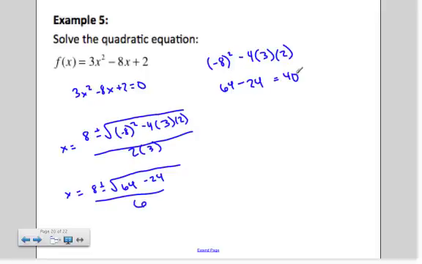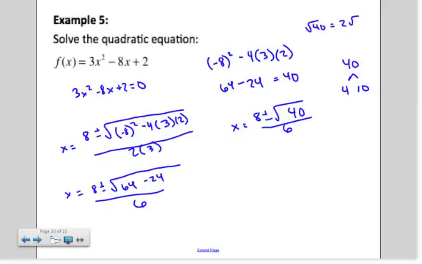Notice that I could actually just use my 40 that I've already got here. 8 plus or minus the square root of 40 over 6. Now 40 has factors of 4 and 10, and 4 is a perfect square, so the square root of 40 equals 2 square root of 10. So x equals 8 plus or minus 2 square roots of 10 over 6.